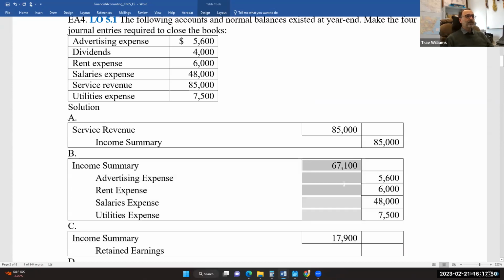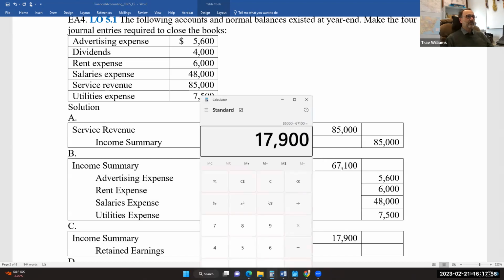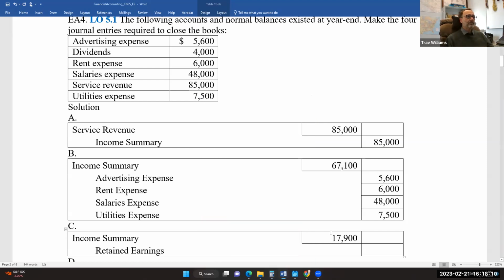And if we add up these two debits, 67,100 plus 17,900, we see we have $85,000 in debits to income summary, right? So it washes out and we now have a zero balance in income summary.